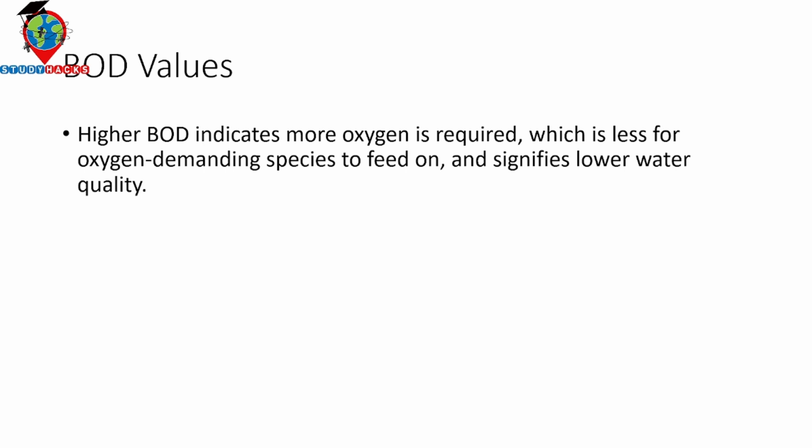High BOD values indicate polluted water because there are a lot of organisms, a lot of phytoplankton and bacteria, which need a lot of oxygen. When your water has a lot of phytoplankton, organisms or bacteria, it indicates polluted water.